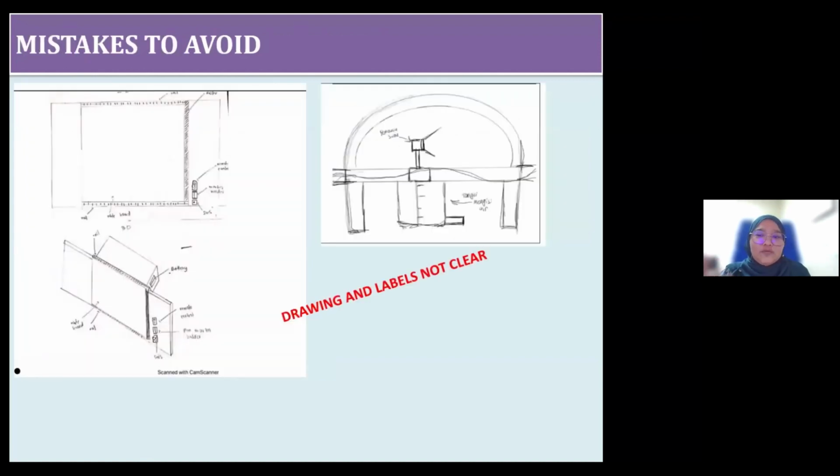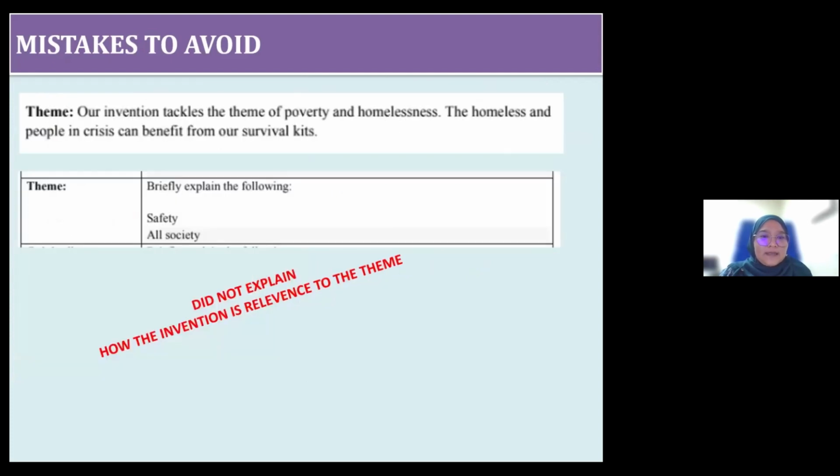Okay, here is one of the examples. There's a drawing, yes, great, and also labels. However, since it's a hand drawing, it's not clear for us to see. It was not detailed. This is one example.